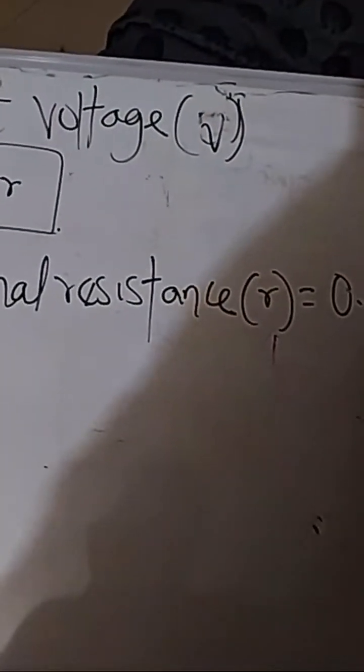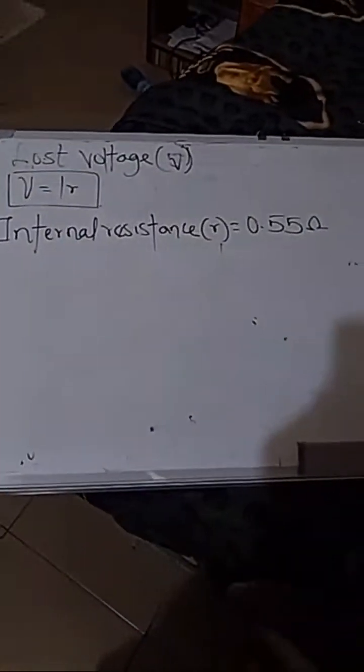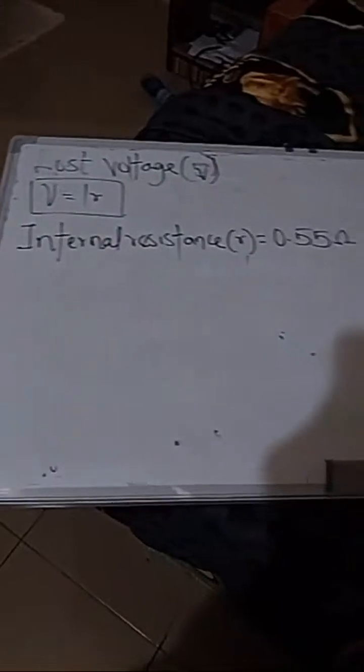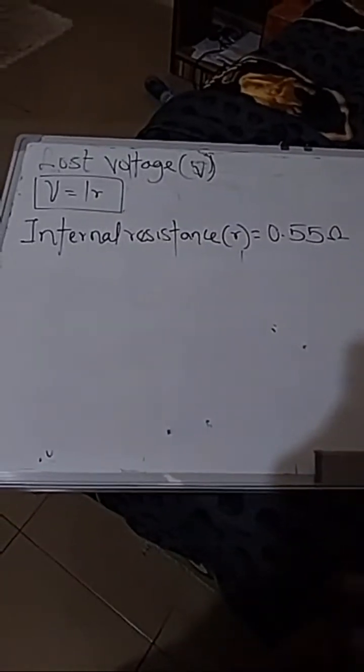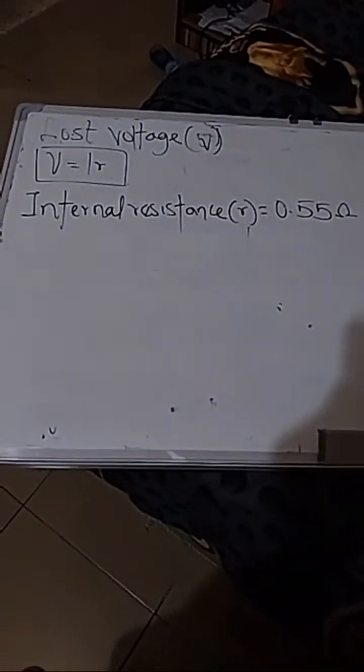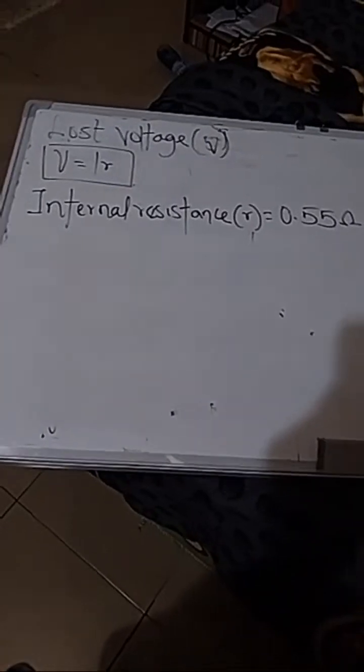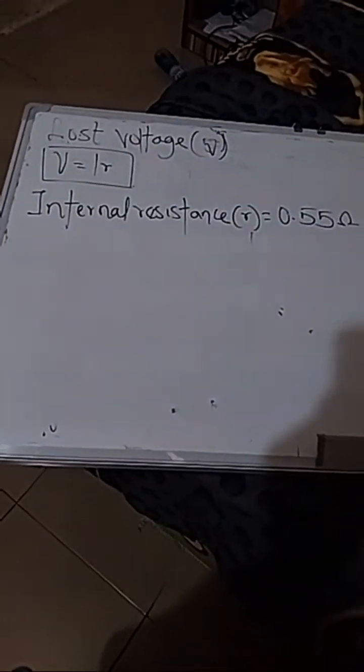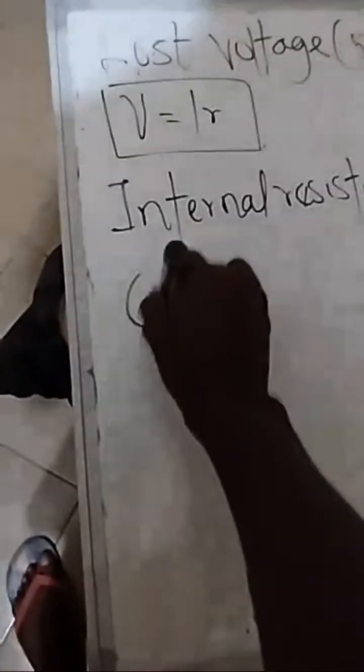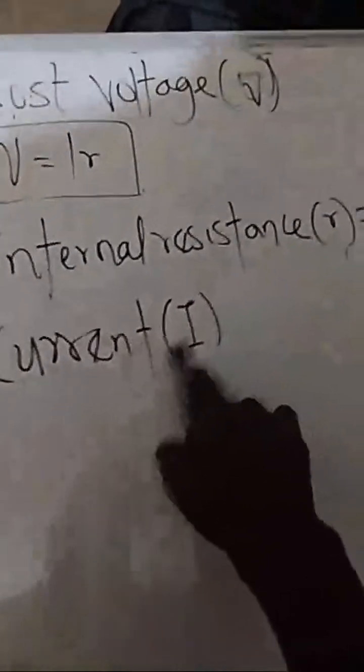And what was the value of the internal resistance? 0.55 ohms. That was the first thing they gave to us. They now said that this particular cell delivers a current of 4 amperes. After the internal resistance, next thing they gave us was the current. And current is represented by I. And the value of the current was 4 amperes.